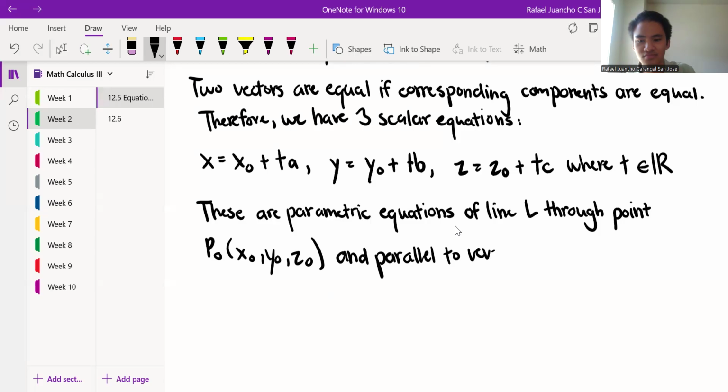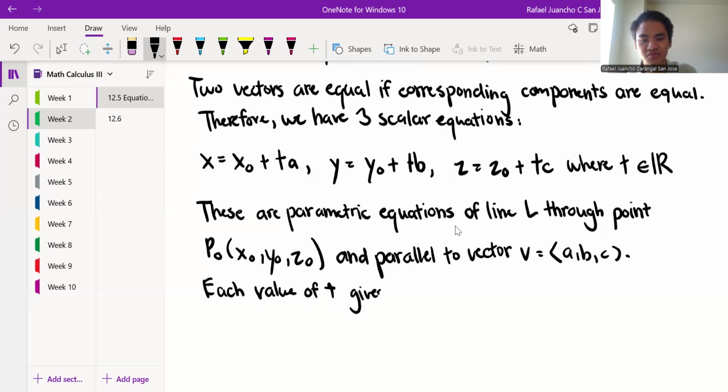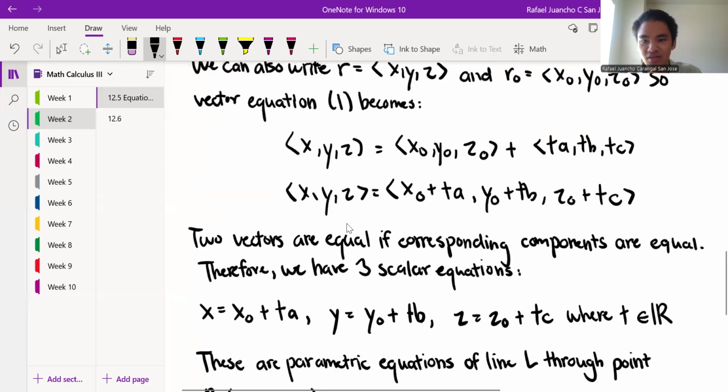Vector v, based on what we've denoted, has components A, B, C. And we're saying here each value of t gives a point x, y, z on L. So based on our t, it gives us some point x, y, z on L. So this is lines.